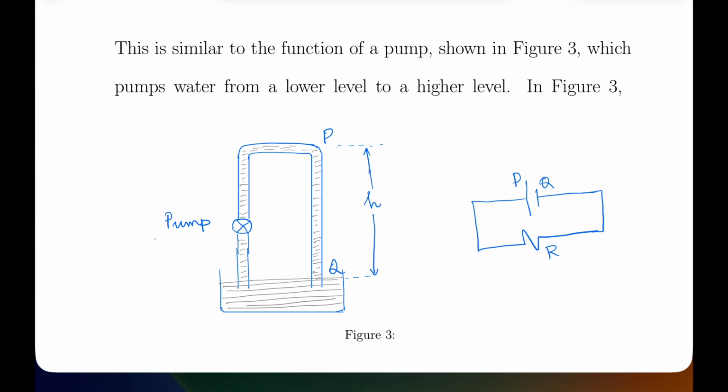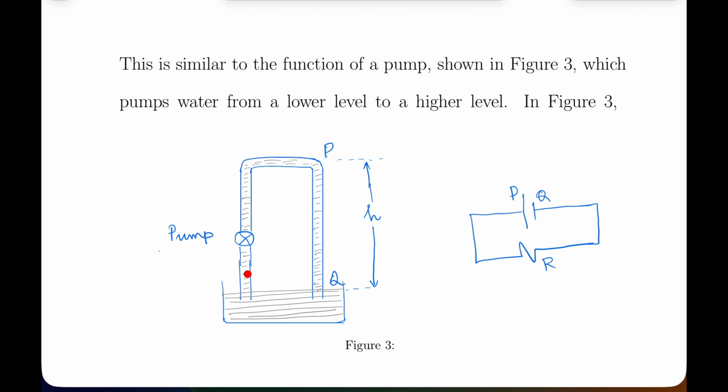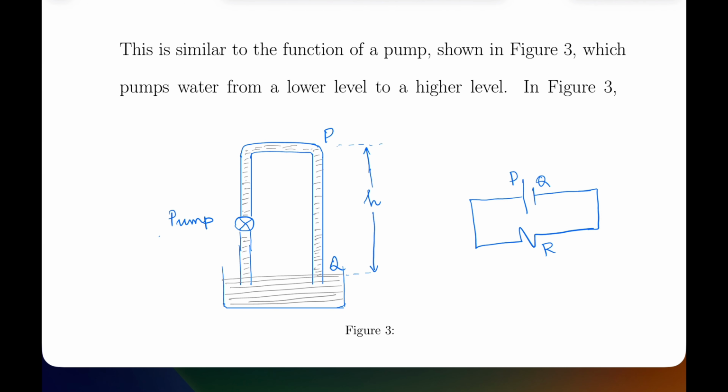This is a jar where we have water. This pump lifts the water in the tube, which falls from P to Q. As it falls from P to Q, its potential energy decreases. The pump again raises water in the tube and the process continues, and the flow of water continues in the tube.